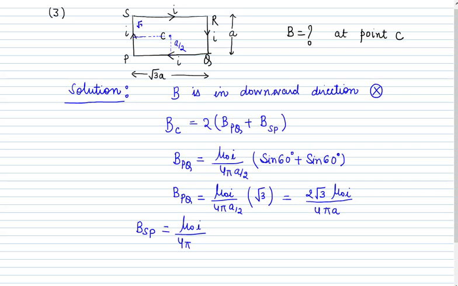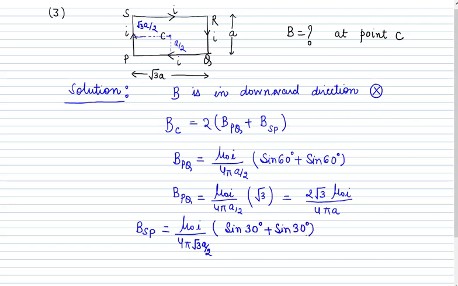So the distance from SP to the center, since we have traveled just half, is root 3a by 2. So r will have the value root 3a by 2. Then you have to look at the angles, these two angles. So this will be sine 30 degree plus sine 30 degree.